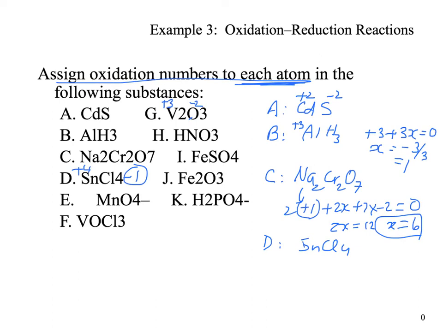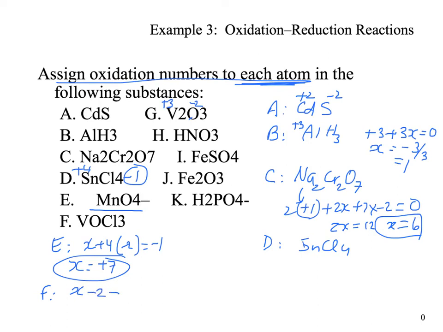Let's see, MnO4 minus, so Mn is the unknown, x plus 4 times -2 is equal to -1, or x is equal to +7. Let's consider vanadium in VOCl3. So that's x minus 2 plus 3 times -1 is equal to 0, or x is equal to +5.